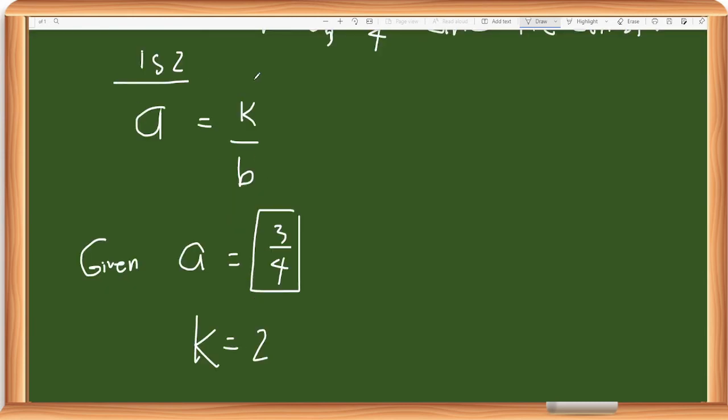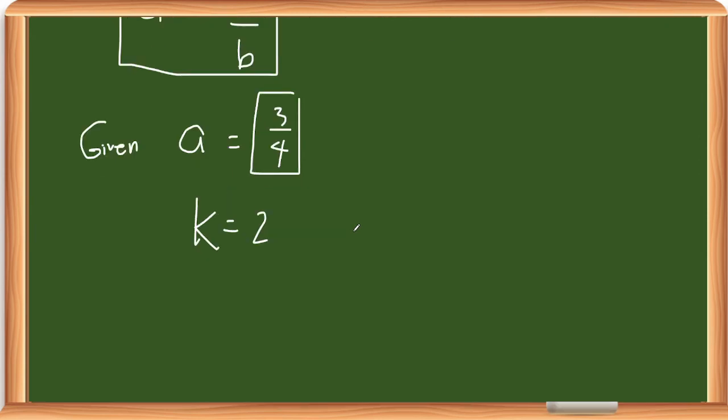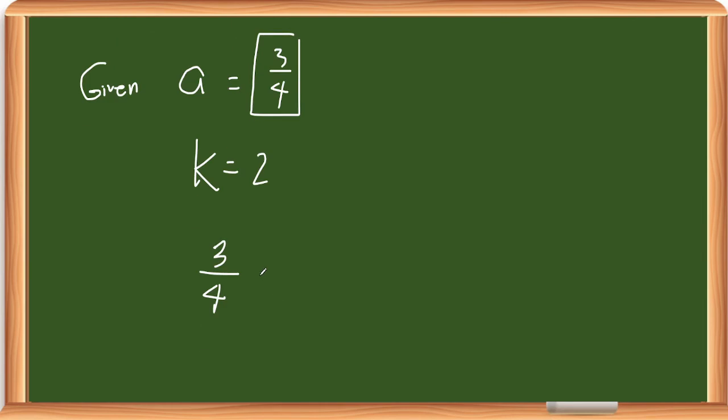Now, since the situation is A is equal to K over B, so substitute lang natin. Instead of A, we're going to use 3 over 4 is equal to K over B. So yung K mo is 2.